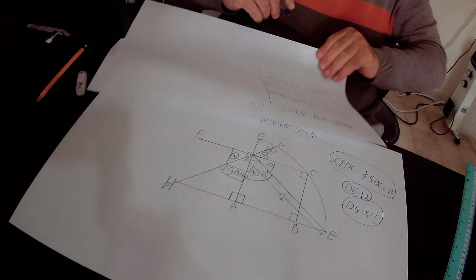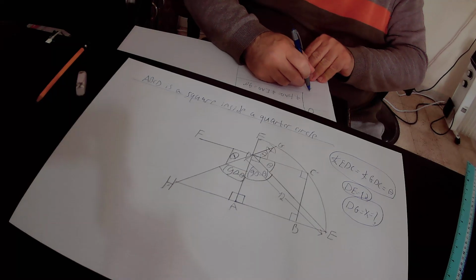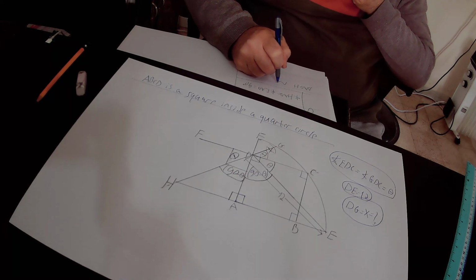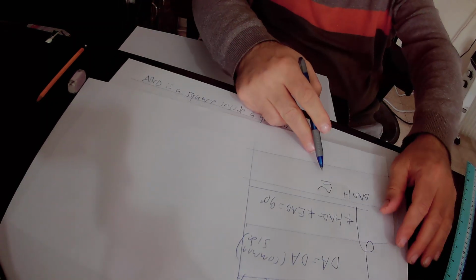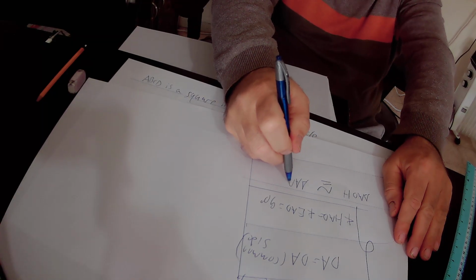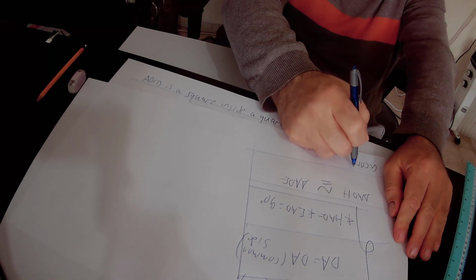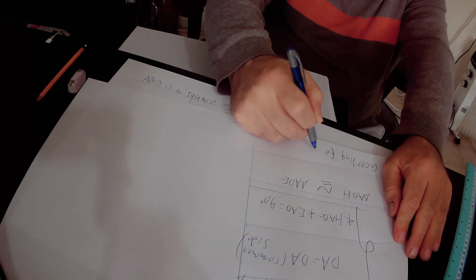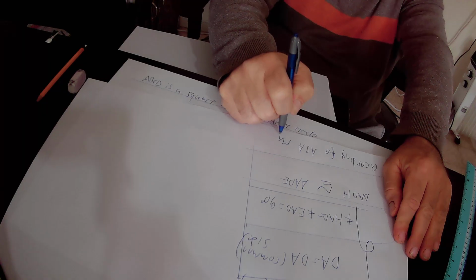So we actually proved that the right triangle ADH is congruent to the right triangle ADE according to the angle side angle rule.